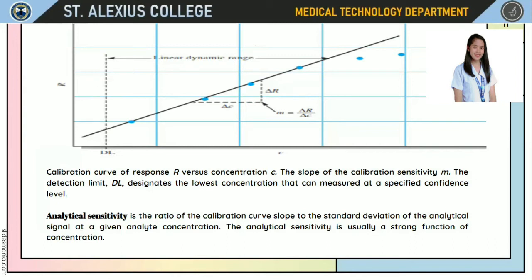While the analytical sensitivity is the ratio of the calibration curve slope to the standard deviation of the analytical signal at a given analyte concentration. The analytical sensitivity is usually a strong function of concentration.